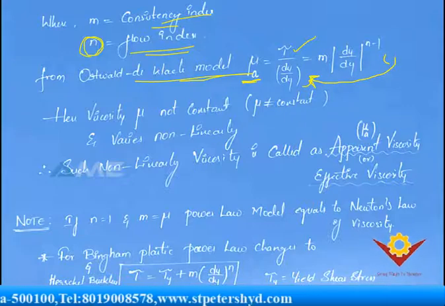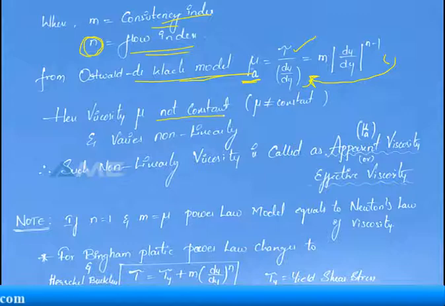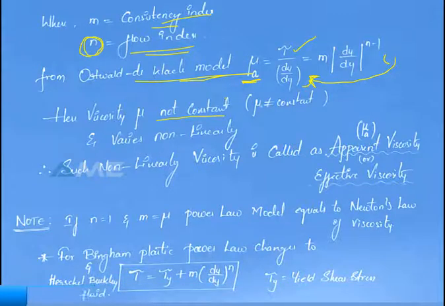And now here the viscosity mu is not constant, it is varying, so it varies non-linearly. That means if you draw a graph between tau and du by dy, which is the velocity gradient, you are not going to get a linear one.